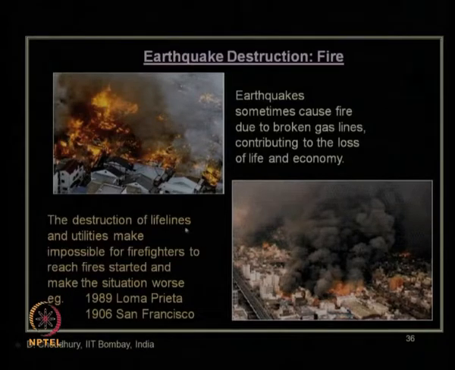Examples of this kind of fire related hazard after earthquake are the 1906 San Francisco earthquake in California, USA, and the 1989 Loma Prieta earthquake, again in California, USA. These two witnessed this kind of fire related destruction soon after the earthquake, in addition to the earthquake destruction.